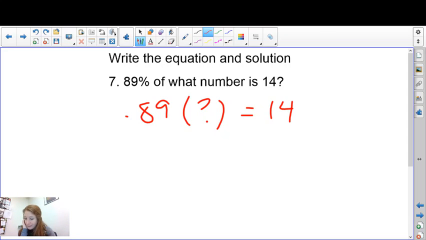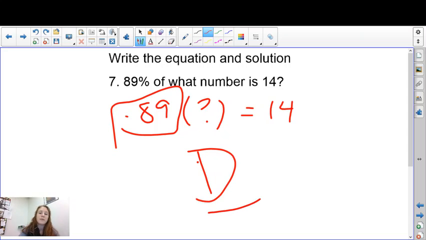So 0.89 times something. It can't be A because it says 0.89 is equal. It could potentially be B because it says 14 equals 89. Oh, but it's not that one because it doesn't have that decimal point. Can't be B. Cross that one off. C says something is equal to, nope, we're not multiplying those two given numbers. So we're going to have to go with D.